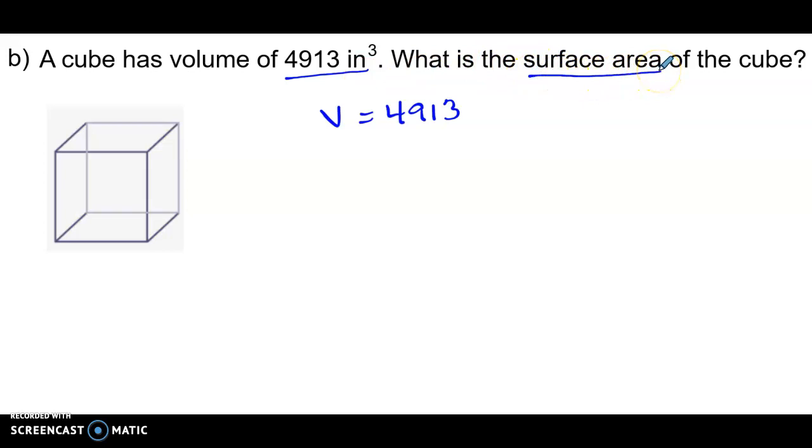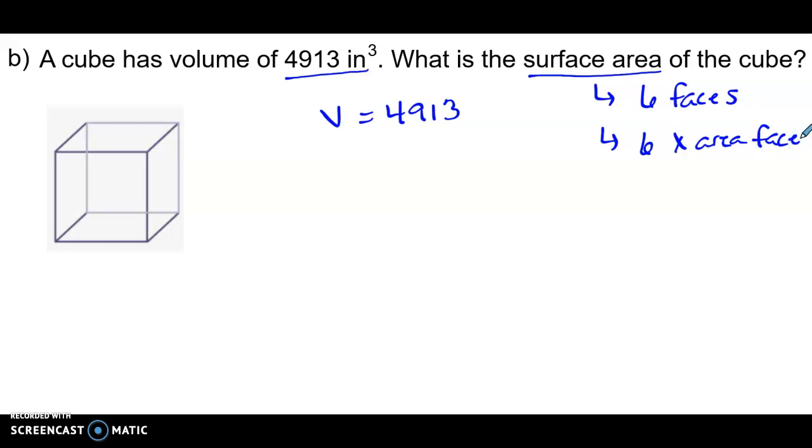So there's our second big idea. The surface area, if we remember, a cube has 6 faces. And since it's a cube, all of those faces are equal. So if we want to find the surface area of the cube, I need 6 multiplied by the area of one face. That's our job today.